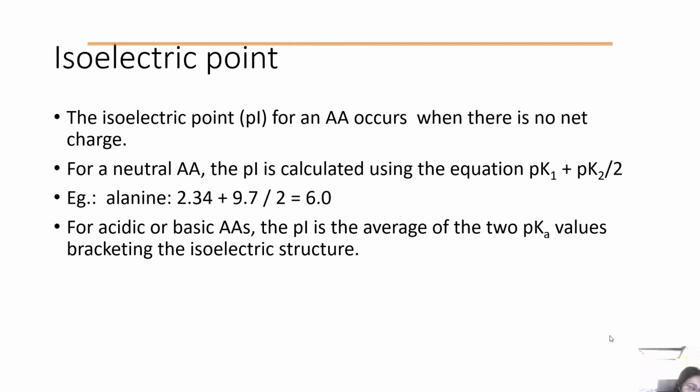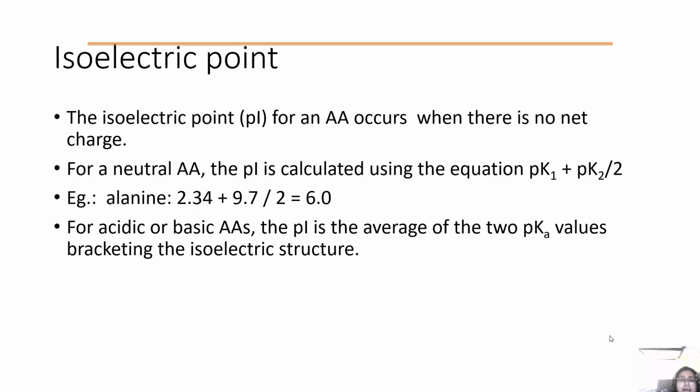The isoelectric point for an amino acid occurs when there is no net charge. For a neutral amino acid, the pI is calculated using the equation (pKa1 + pKa2)/2. So for alanine, (2.34 + 9.7)/2 is about 6.